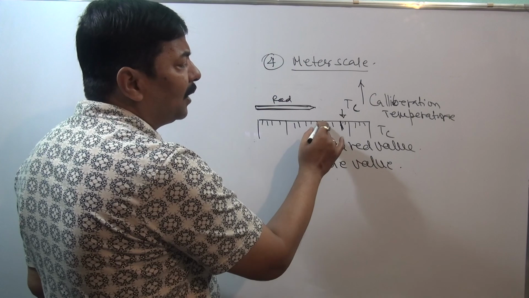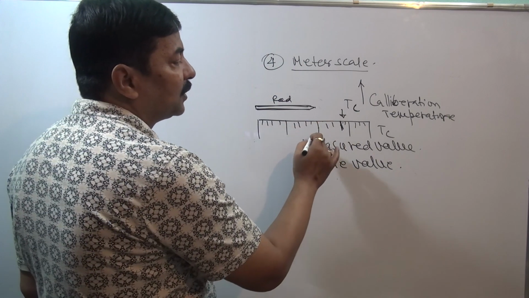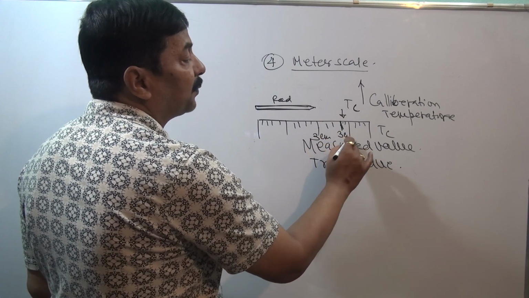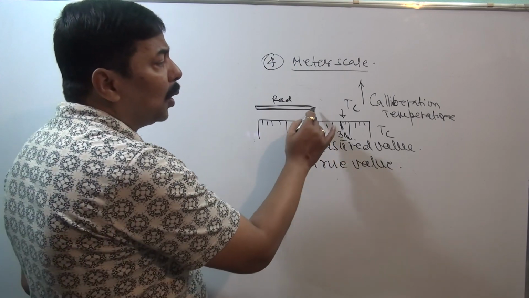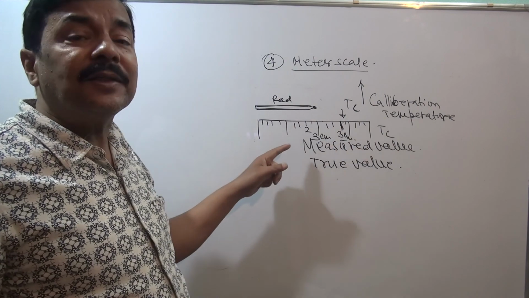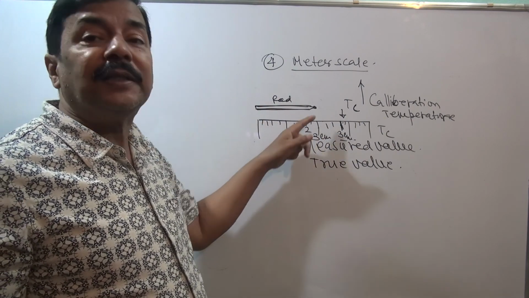And then the reading will be less, because suppose this is 3 centimeter and it has gone here after heating, then here it will be 2. So the measured value will be less than the actual value if the temperature is increased.